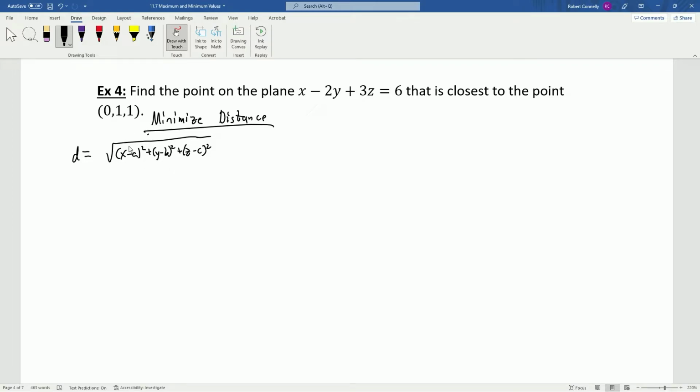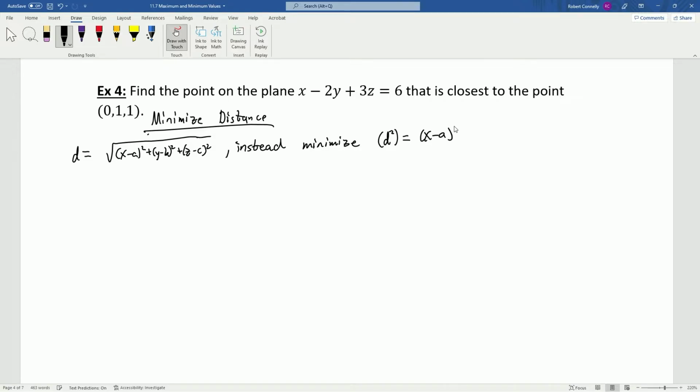But this is actually kind of rough because we're going to have to take a bunch of partial derivatives, and the square root's going to really complicate them. But since distance is a positive value, then instead we can worry about minimizing the distance squared, because whatever minimizes the distance squared is also going to minimize the distance, right?